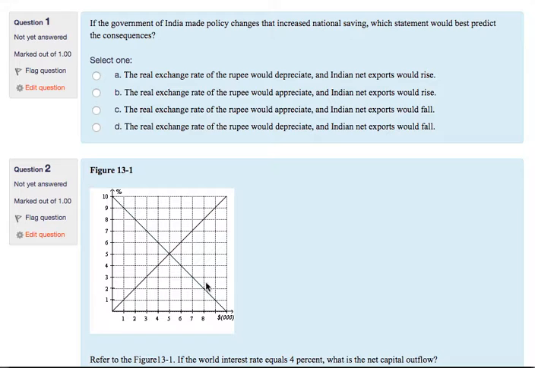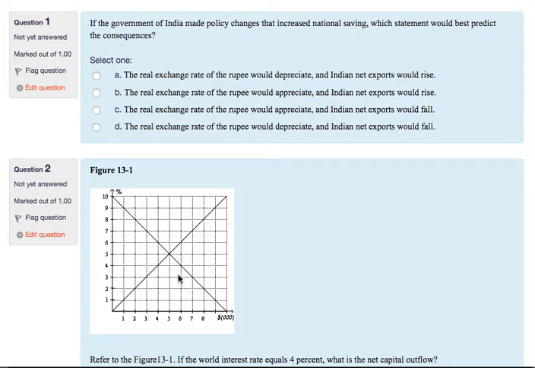Well, here they're not saying anything about investment. So if there's a policy that increases national saving, we would expect this savings curve, which is a mixture of private and public saving, national saving, would shift right. And as this shifts right, the equilibrium interest rate in that country would be lower.